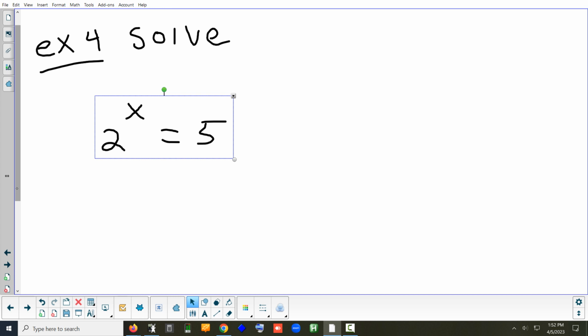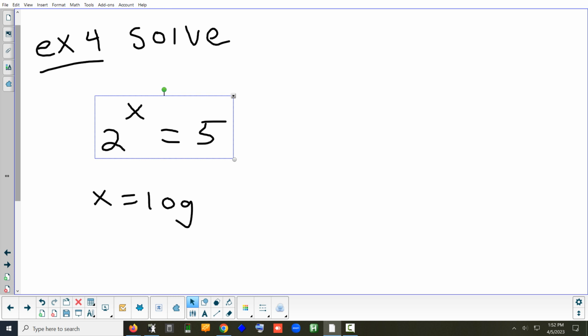Okay, we're going to change it to log form. What's the first thing I have to write down? Log. Yep, I need log. Without log, I don't even know what it is. So log means it's in log form. And now we need 3 things. Logarithm always equals what kind of thing? The exponent. What's my exponent in this case? X.